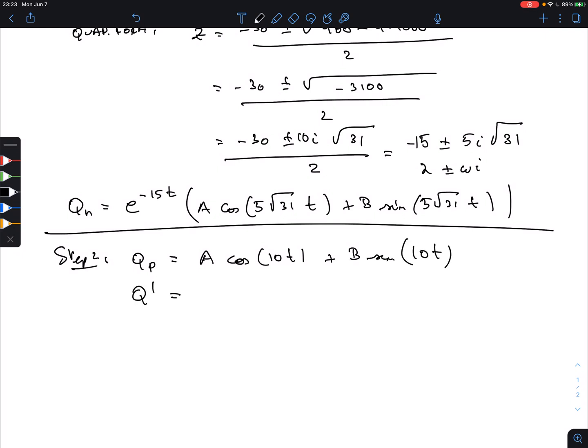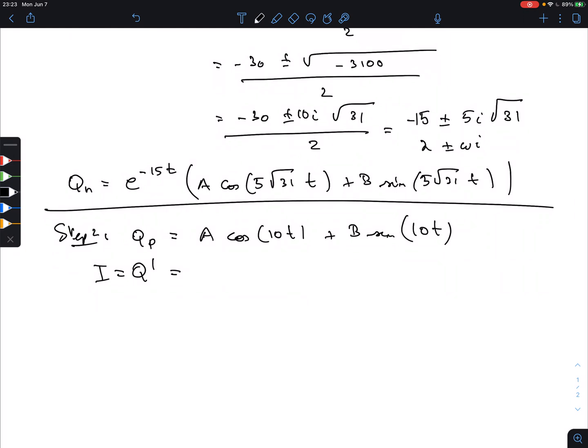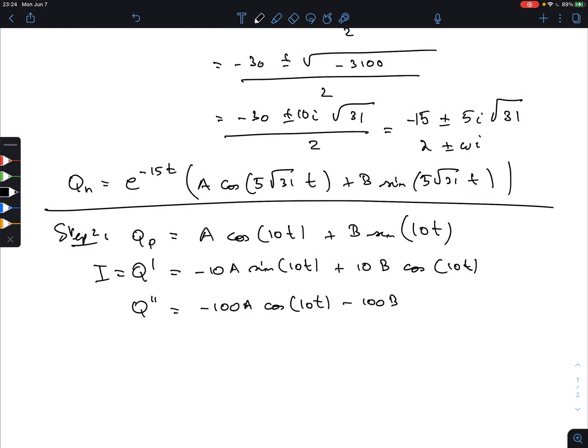Okay, so the derivative, which is, by the way, the current, and that's actually what they asked, so keep that always in mind. This kind of question, they want not the q, but the i, the derivative of q. So we take derivatives: minus 10a sine 10t plus 10b cosine 10t, and then q double prime is minus 100a cosine 10t minus 100b sine 10t.